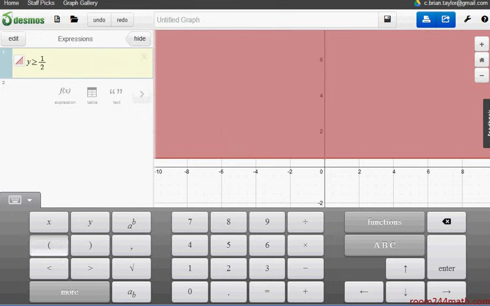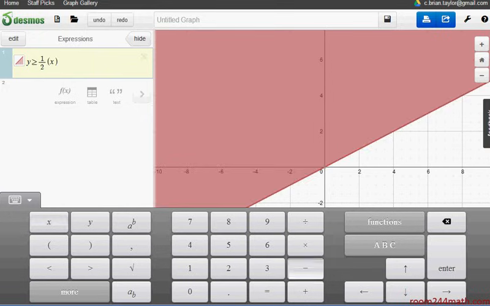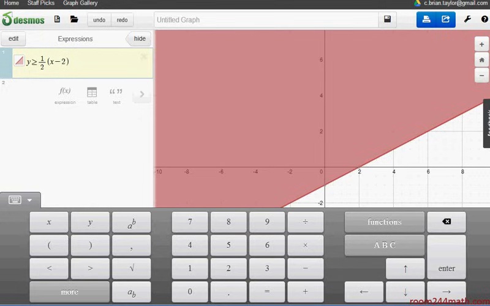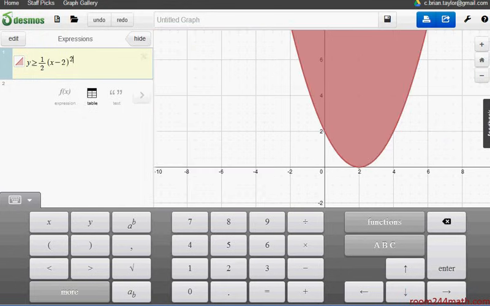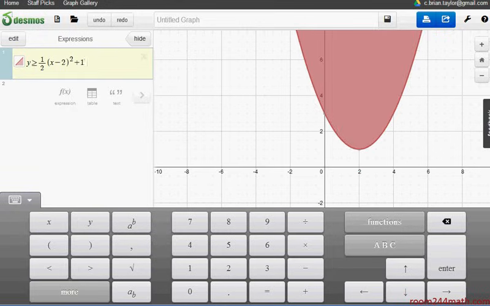We sort of get graphing as we go. Open bracket, x minus 2. It automatically enters the closed bracket when you hit open bracket. The exponent is just a to the b here. Square that. Hit enter again, or click the mouse button so that you're not in the exponent mode, and then do plus 1.